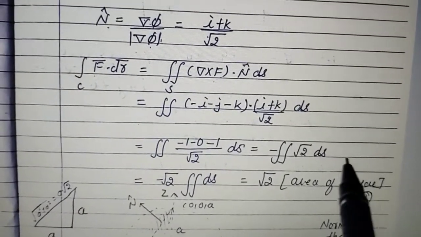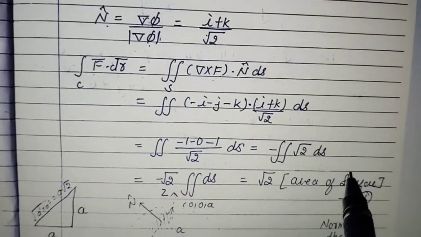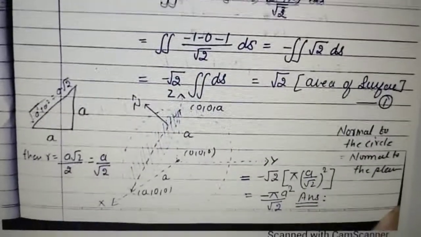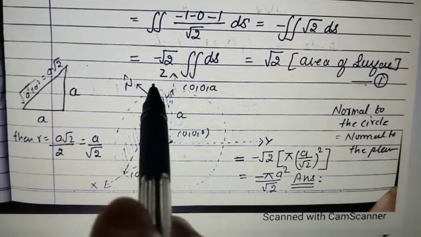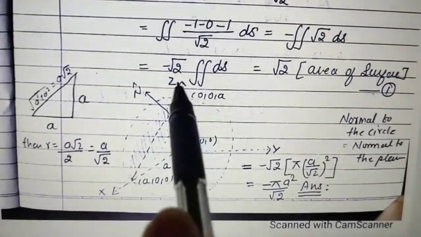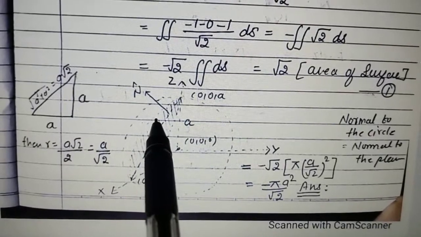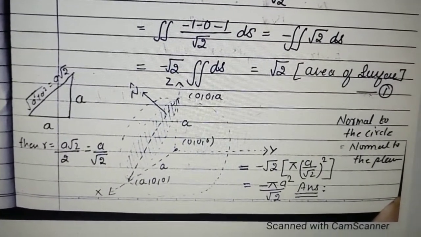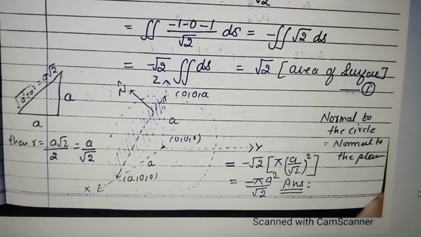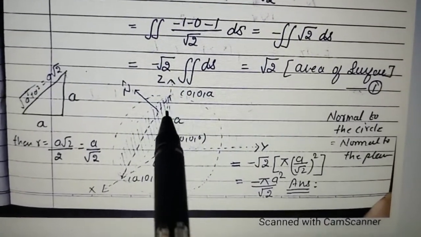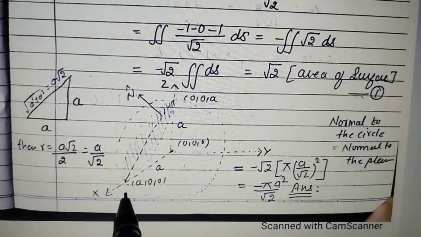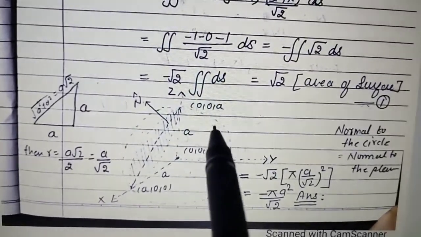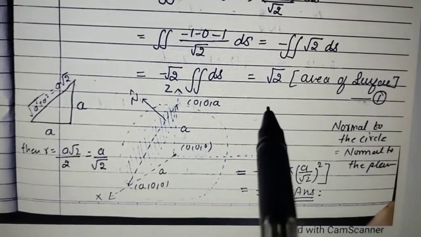Now for finding the area of the surface, we will draw the curve. Now this is the surface. What is the equation of the surface? x square plus y square plus z square is equal to a square. So its radius is a. Let this be the x axis, y axis, z axis. The plane x plus z is equal to a.